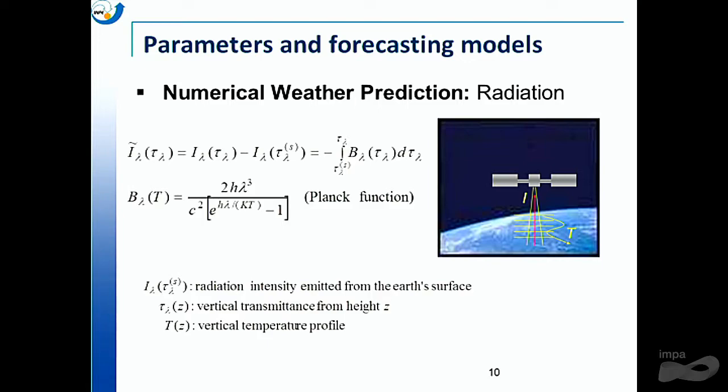And with the Planck function, there is a relation between temperature and the radiation emitted by the different layers. And so the satellite can capture all of this radiation from different temperatures emitted from the different layers in the atmosphere. And so you can compute the radiation, and you can have some connection between radiation and the temperature. And so in principle, you can identify the temperature profile of the atmosphere.